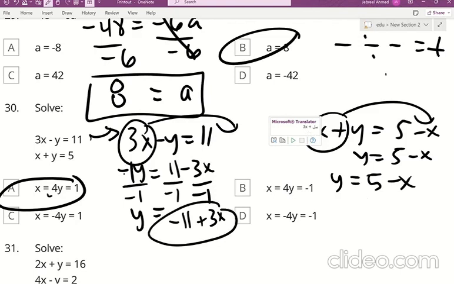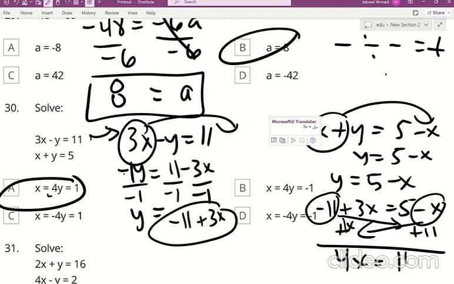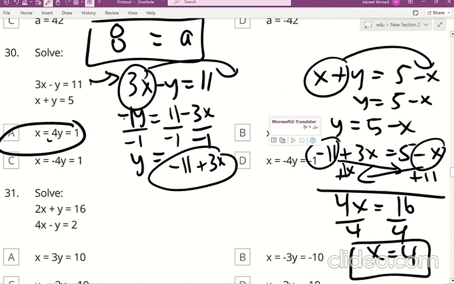I'll take this negative 11 plus 3x and put it here. So I'll take this minus x, I'll put it here, it's going to become plus x. I'll take the minus 11, put it here, it's going to be plus 11. 3x plus 1x is 4x. 11 plus 5 is 16. Divided by 4, x equals 4. So my x equals 4.